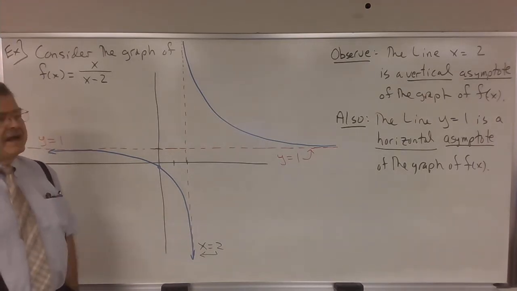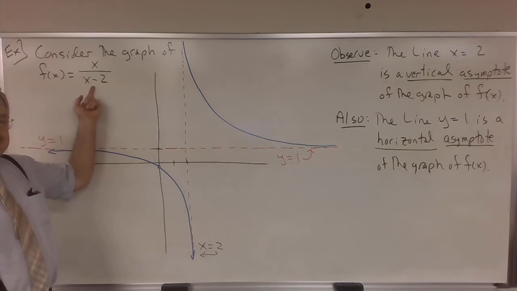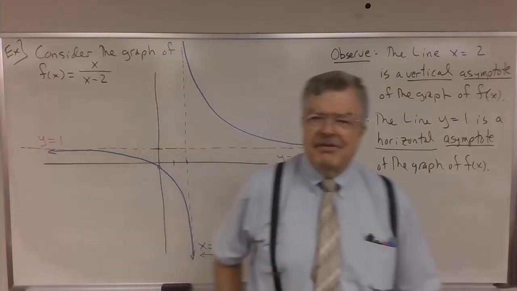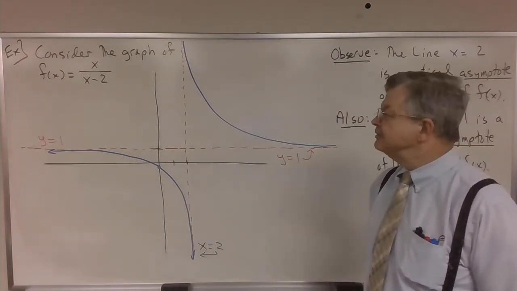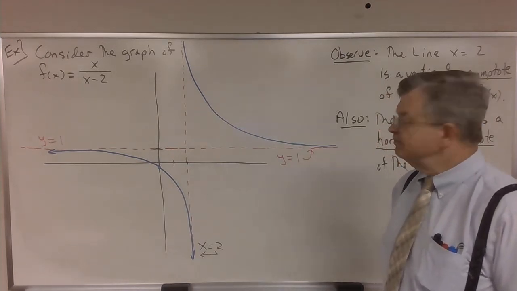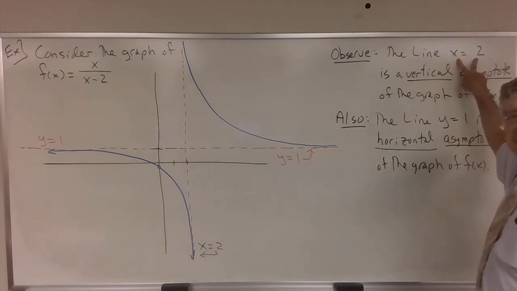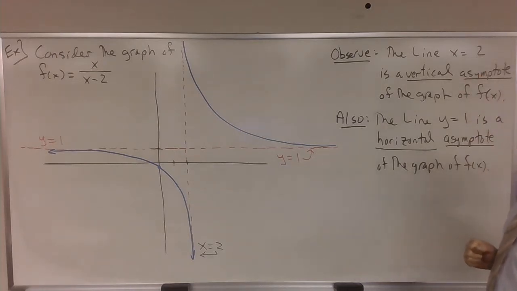What we want to look at now are any features of the definition of this function that might indicate to us that the graph has asymptotes. For example, the line x equals 2 is a vertical asymptote of this function.